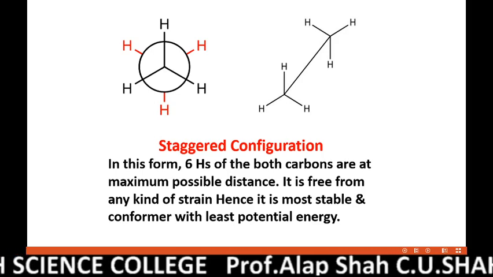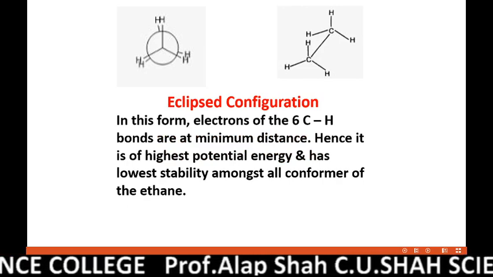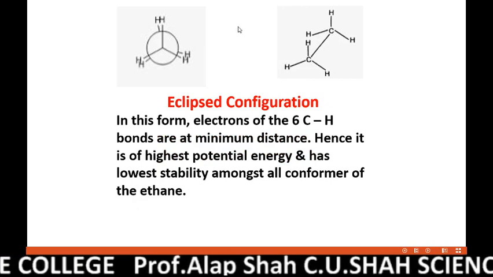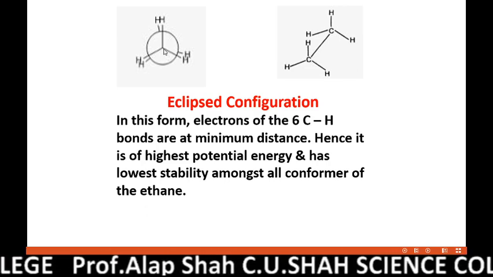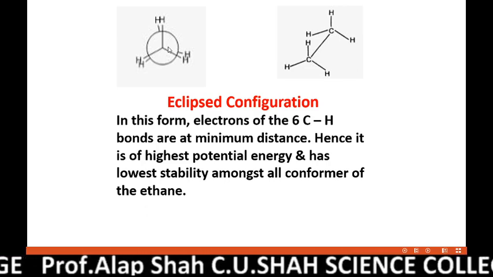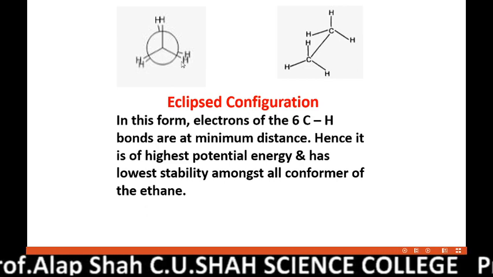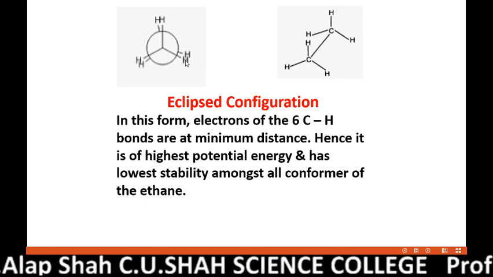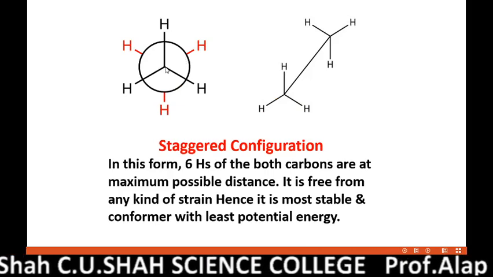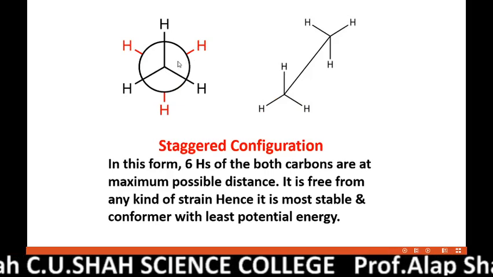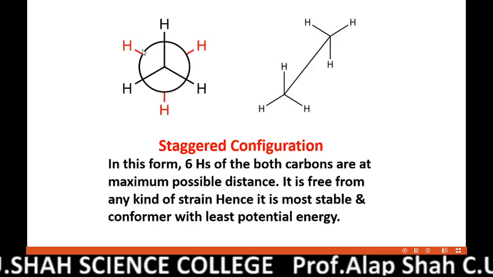Now let us move on to the second conformer, which is called the eclipse configuration or eclipse conformer. This is the Newman projection, this is the Sawhorse projection. Friends, in the eclipse conformer, all the 6 carbon-hydrogen bonds are exactly parallel with each other. So the dihedral angle between them is 0 degree. It is 60 degree in case of staggered. The angle between this and this is called the dihedral angle.